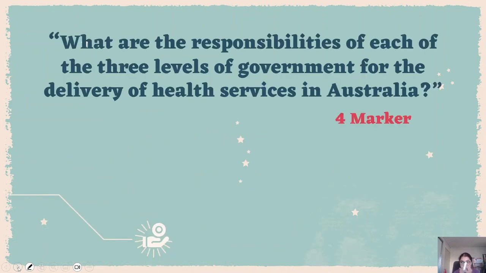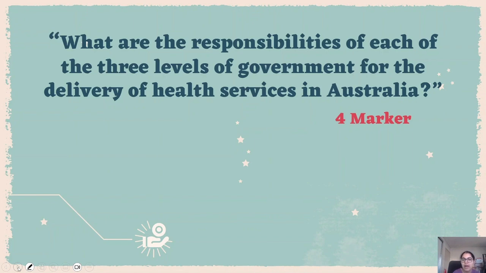Okay, let's have a look at the second question now. What are the responsibilities of the 3 levels of government for the delivery of health services in Australia? So this is a 4 marker.